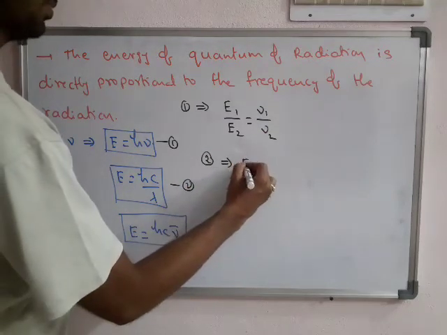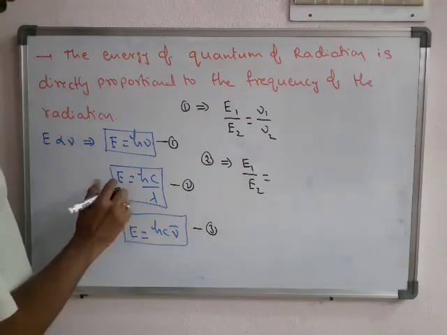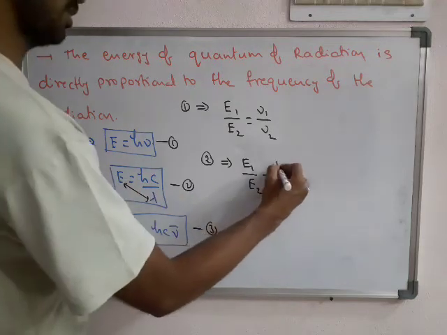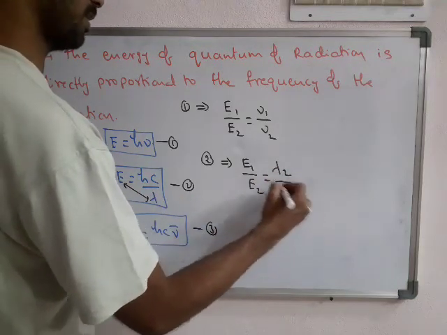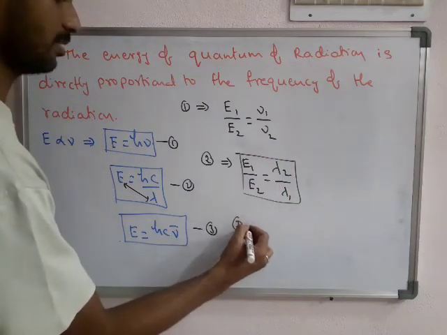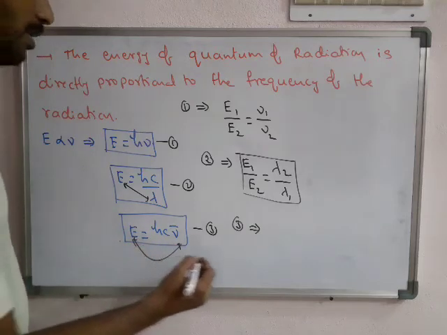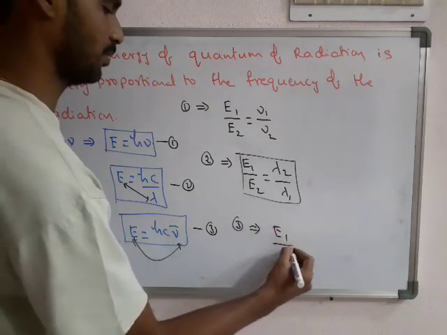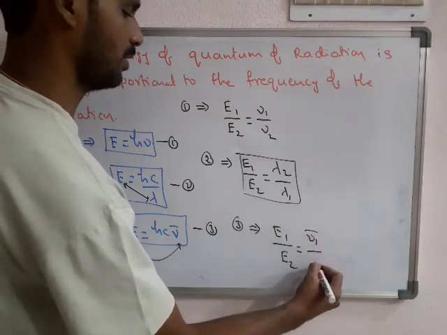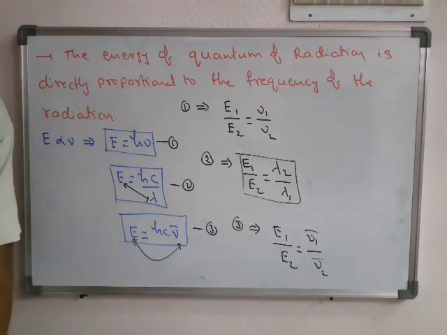These are mainly useful in the next problems. From equation 2, energy is inversely proportional to lambda, so E1 by E2 is equal to lambda 2 by lambda 1. Next, from the third, the energy is directly proportional to nu bar, so E1 by E2 is equal to nu 1 bar by nu 2 bar.